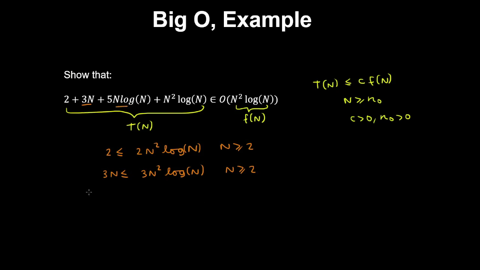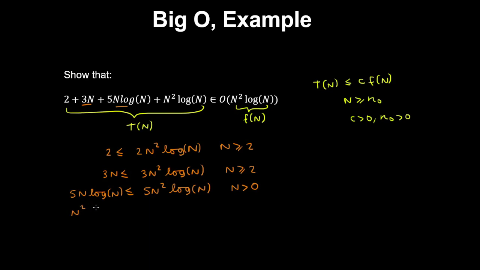And next we have 5n log n is less than or equal to 5n squared log n, and we can say that this holds for all n where log is defined, so that would be greater than 0.